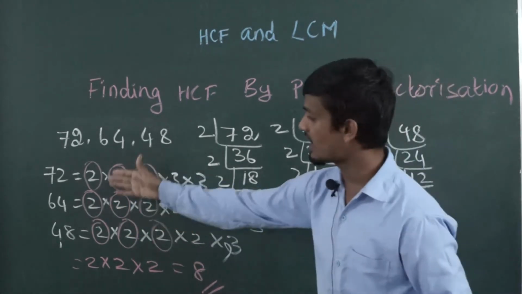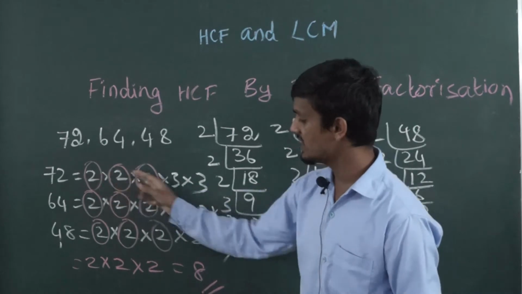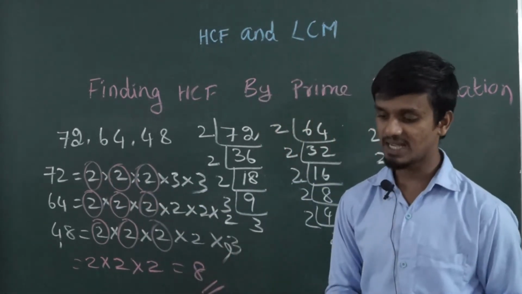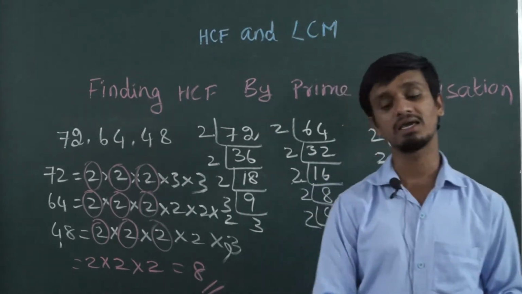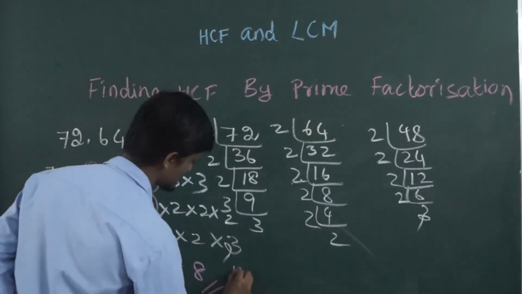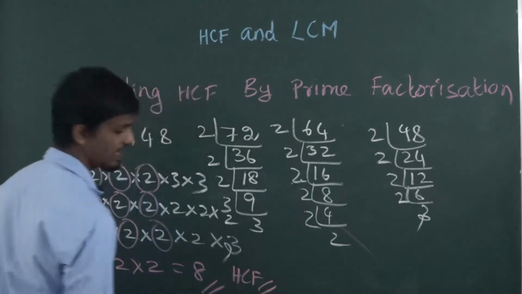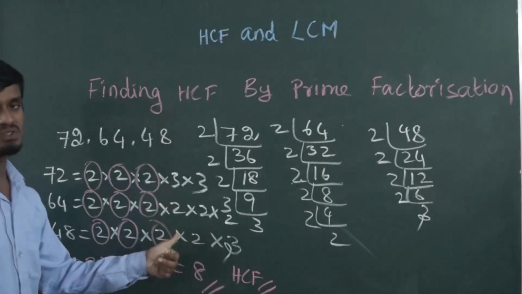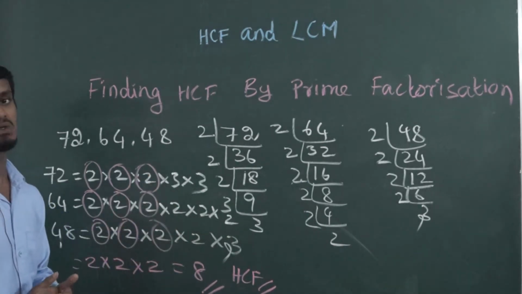Next we have to find the common prime factors. Three 2's are there. So 2 into 2 is 4, 4 into 2 is 8. 8 is the highest common factor. This is how we find the HCF by using prime factorization.